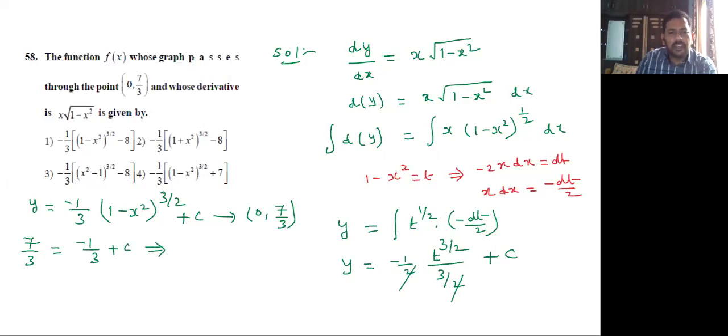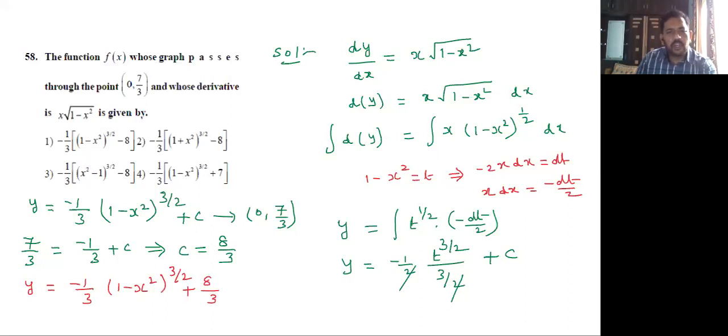Then what is the c value? Tell me directly. 8 by 3. Okay. Now substitute the c value: minus 1 by 3 into 1 minus x square whole power 3 by 2 plus 8 by 3.